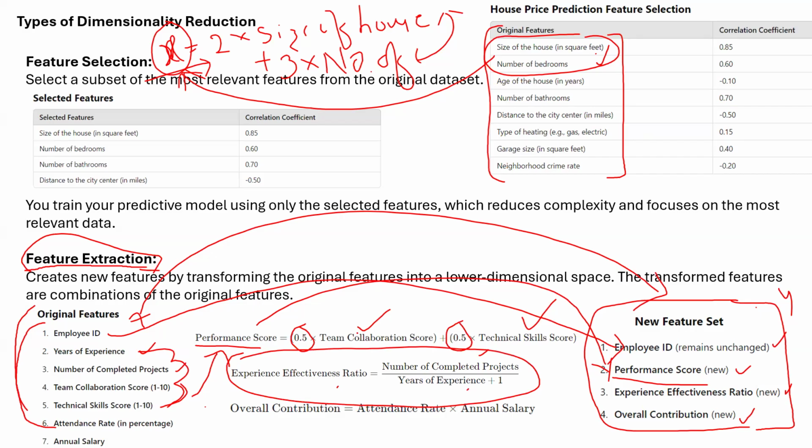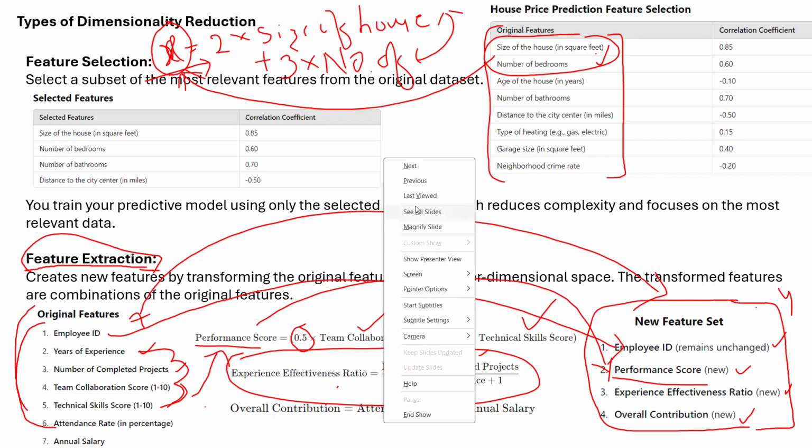So it should cover the entire variance in the data. Okay. And the loss of information should be minimum. How we come up with these linear equations is something we will study today. So PCA is one kind of technique used for feature extraction.